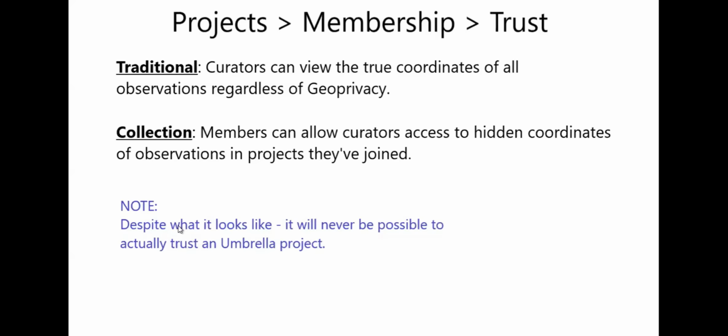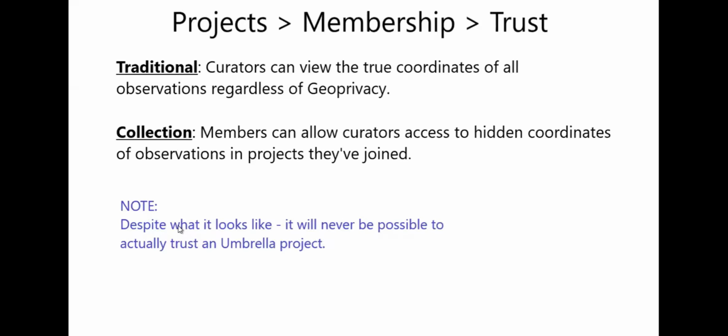Obscured observations: if you trust the curator of the project, you can give them permission to see the actual location of obscured observations. That happens automatically with traditional projects because you deliberately added your observations to their project.